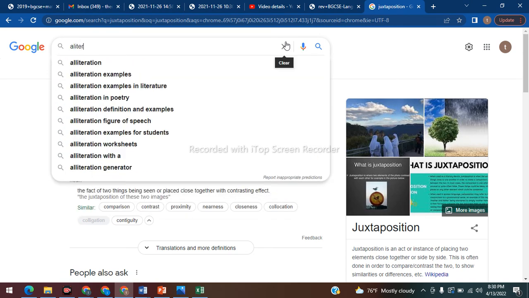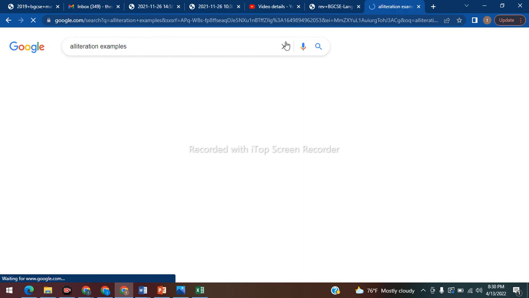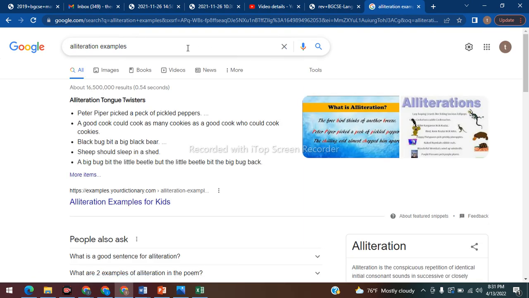So, the definition of alliteration. Not examples, but anyway, this is a good one: Peter Piper picked a peck of pickled peppers, right? Big black bug bit a black bear.